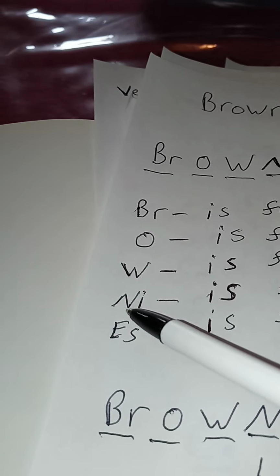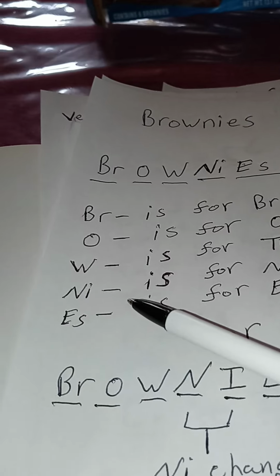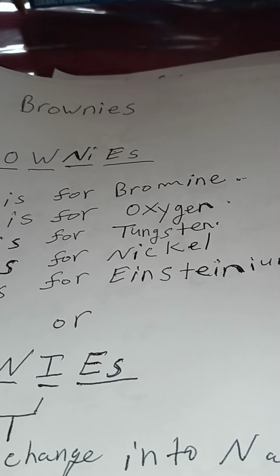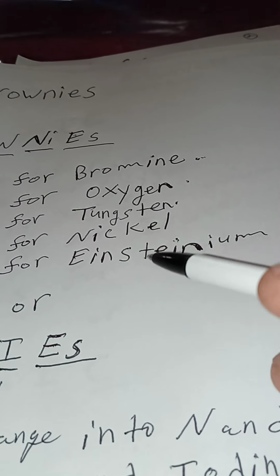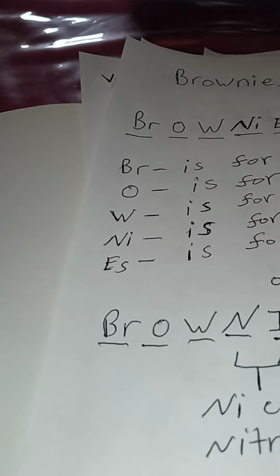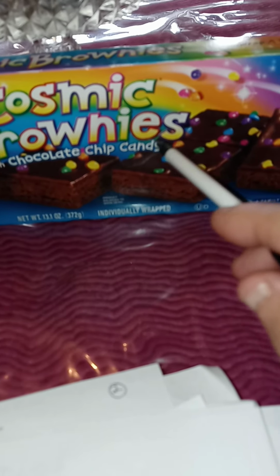Then we got capital N and a small i. That's the way it's written in chemistry. Capital N and a small i is the chemical symbol for nickel. Capital NICKEL, nickel. Then we got capital E and the s. As you can see right here, we got the capital N, the i, then the capital E and the small s.